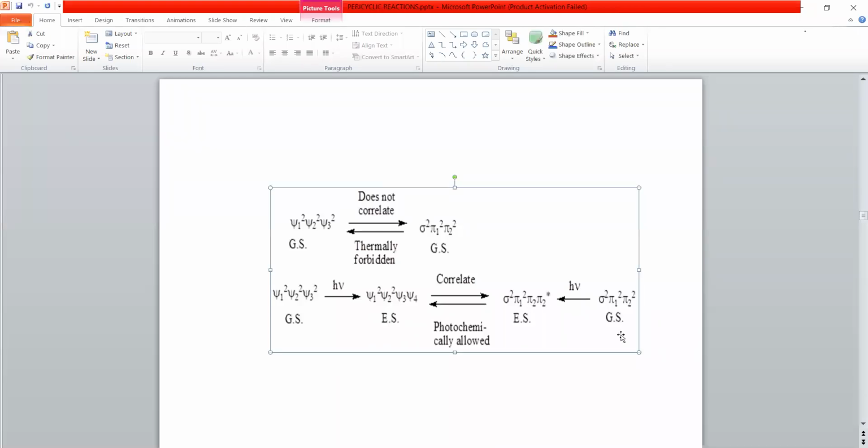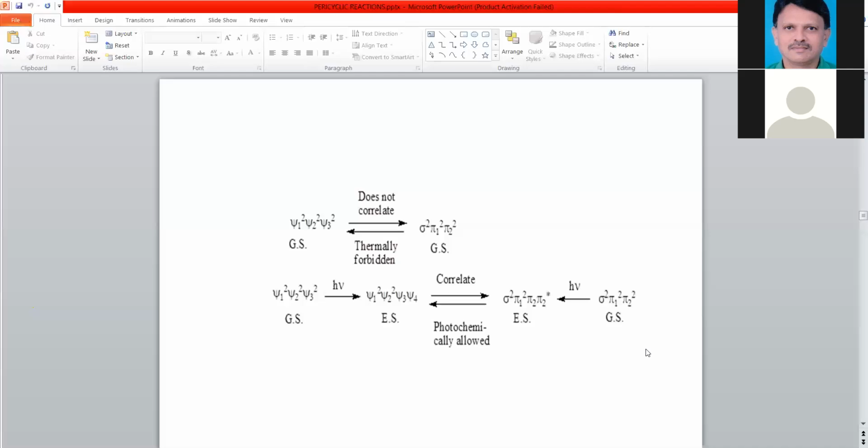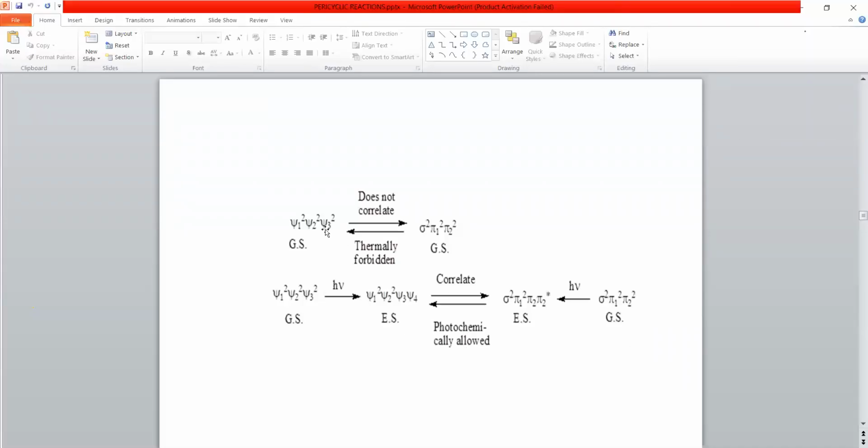Therefore, conversion of cyclohexadiene to 1,3,5-hexatriene by conrotation, in which the C2 axis of symmetry is maintained, is photochemically allowed and thermally forbidden.